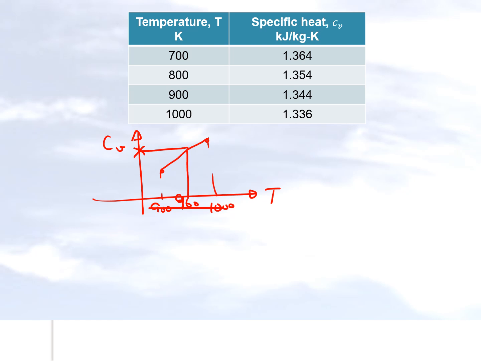You might have seen this in your previous classes, when you had to find the value of y at a certain value of x.